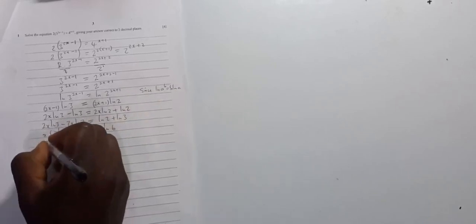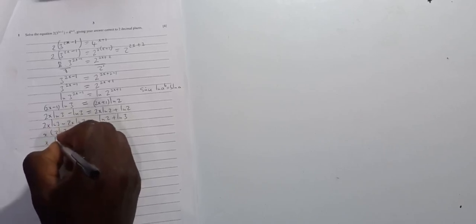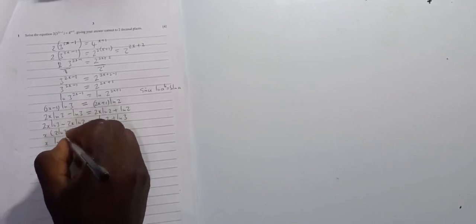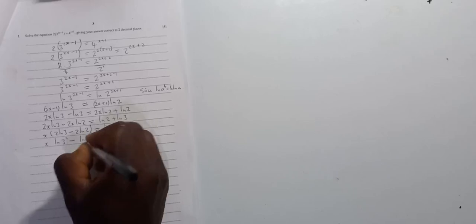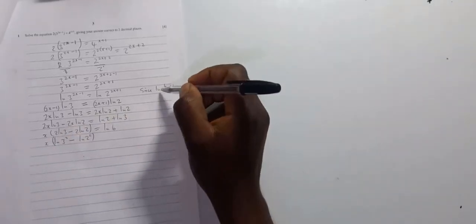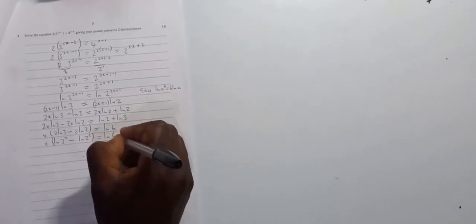Then on this side, again, we have x times ln 3 to the power 2 minus ln 2 to the power 2. This is from this rule, which equals ln 6.